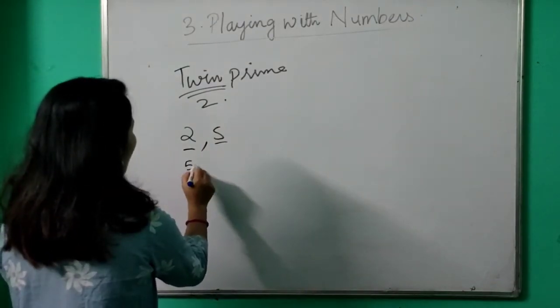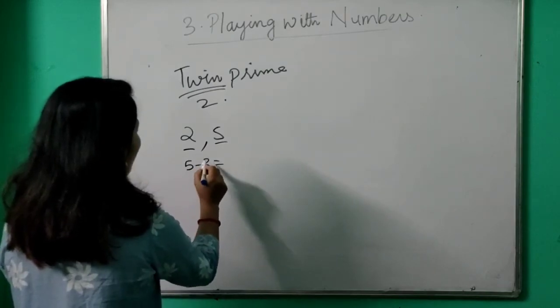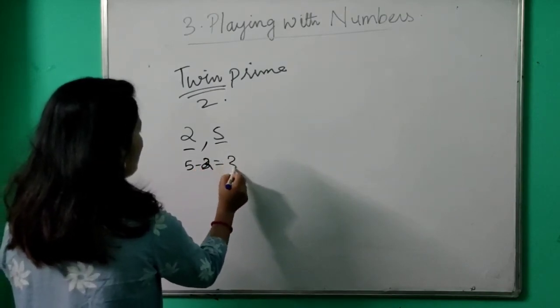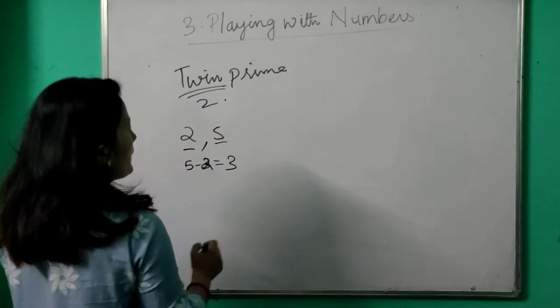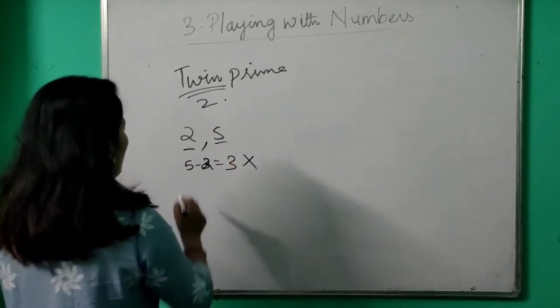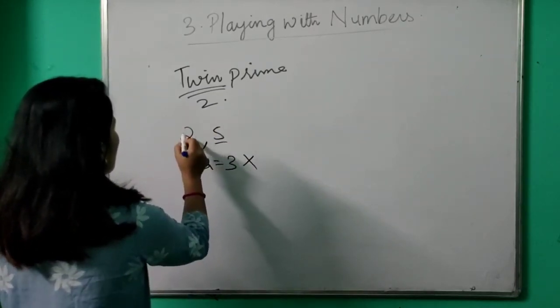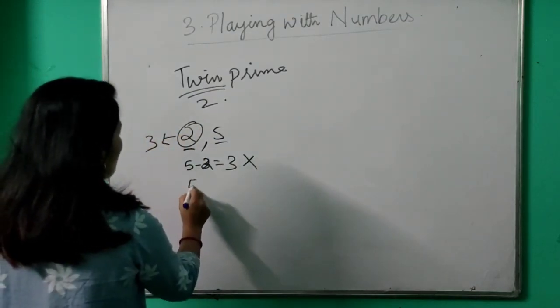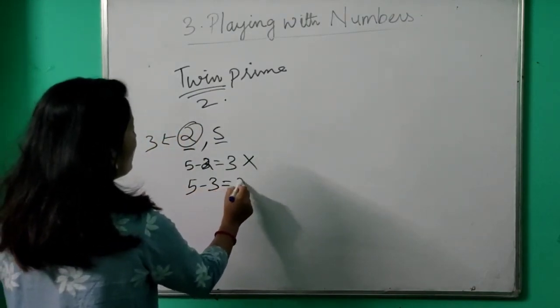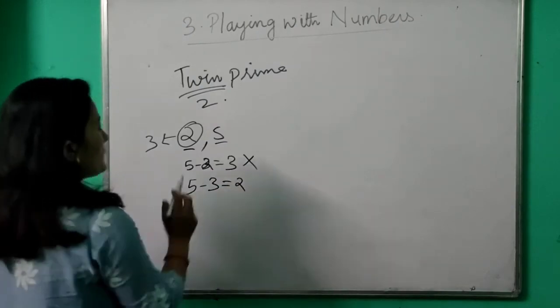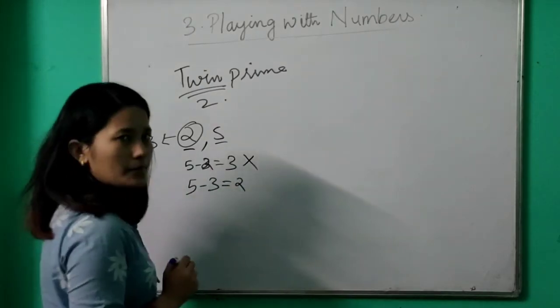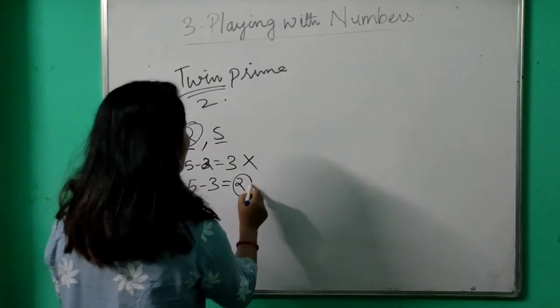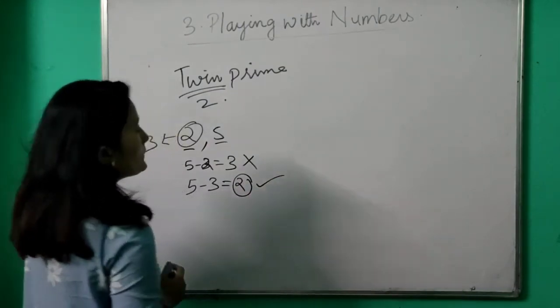If you subtract 2 from 5, what will you get? 3. So is 2 and 5 a twin prime pair? No. Now instead of 2, let us take 3. If you subtract 3 from 5, what do you get? 2. So twin prime numbers means prime numbers which have a difference of 2. So this is your twin prime number.